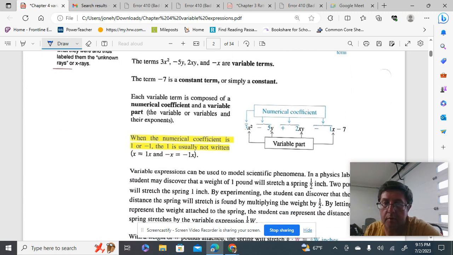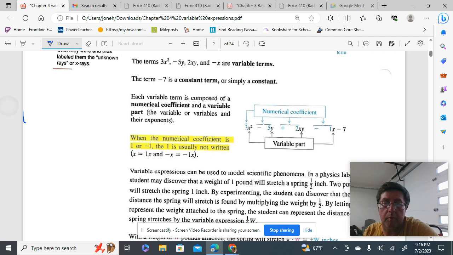Each variable term is composed of a numerical coefficient and a variable part: the variable or variables and their exponents.